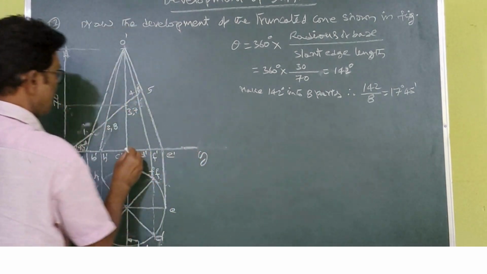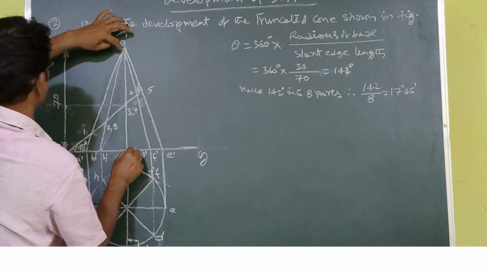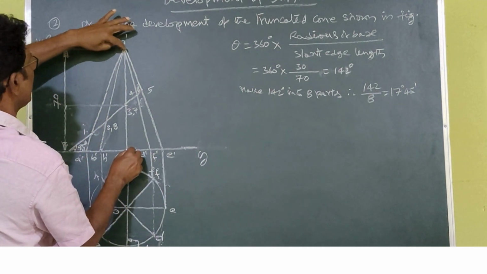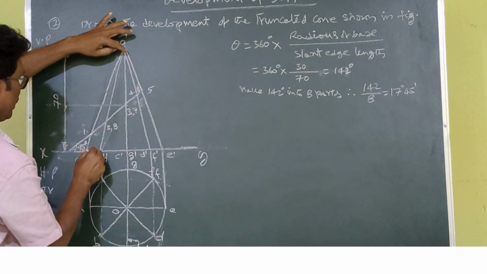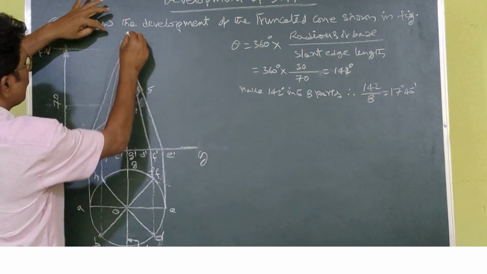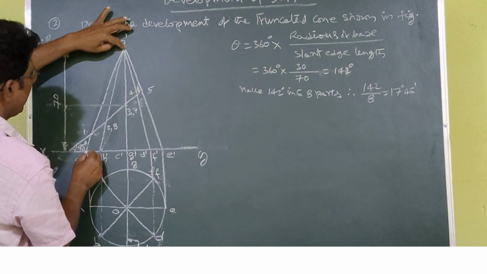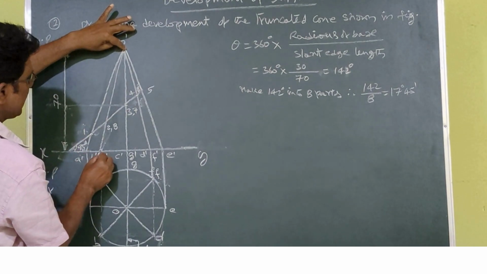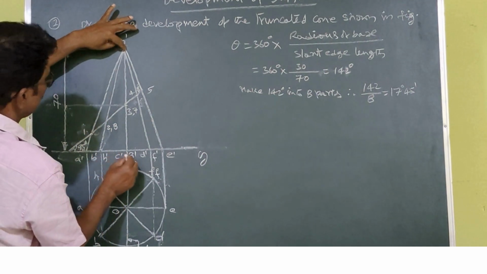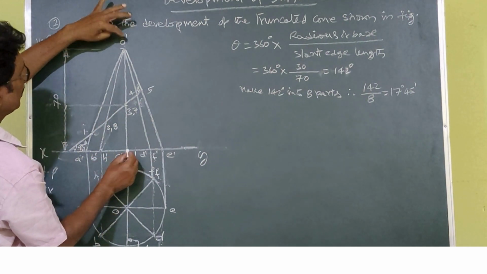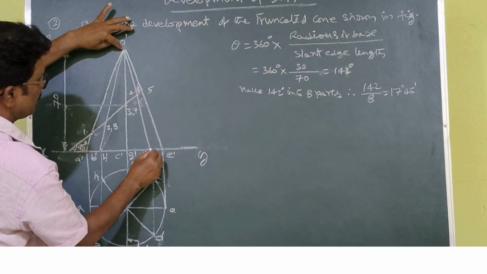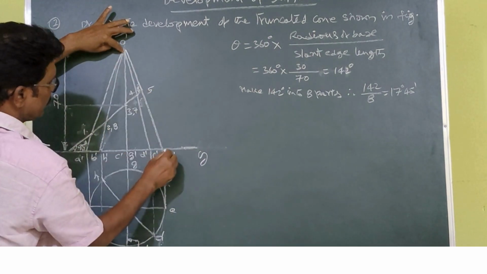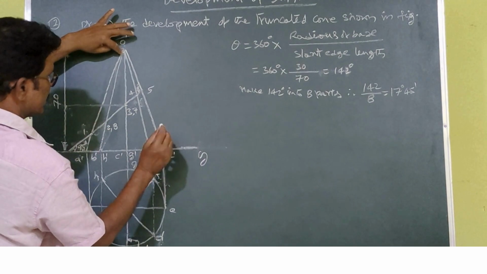You cut this vertical line with a length of 70, and name the point O dash. Join O dash, A dash; O dash, B dash and H dash; O dash, C dash and G dash; O dash, D dash and F dash; and O dash, E dash.